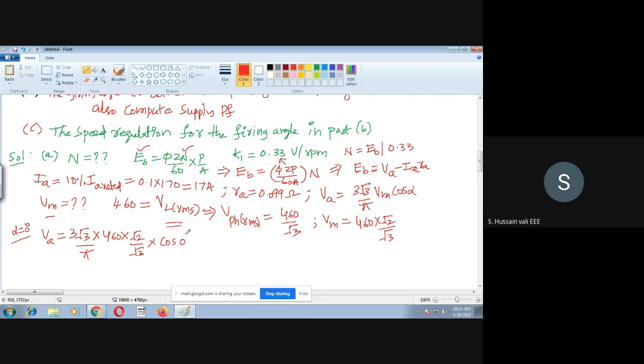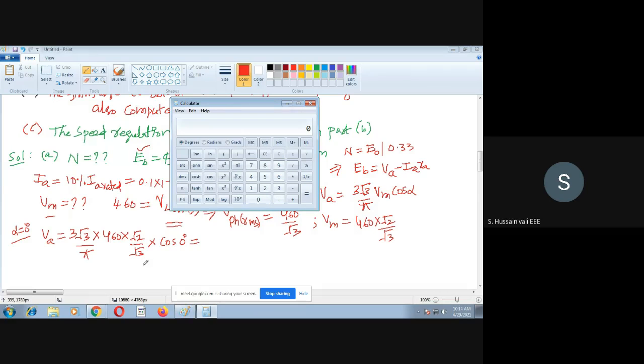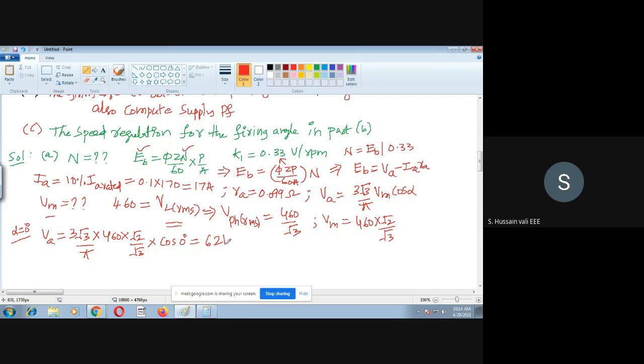The root 3 gets cancelled, so 3 into 460 into 1.414 divided by pi. So 621 volts is the VA value.